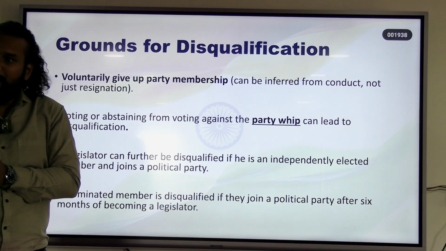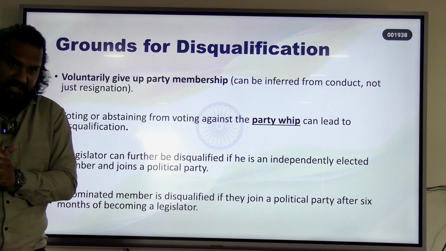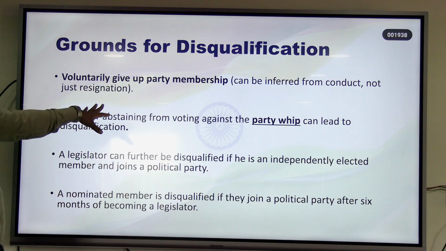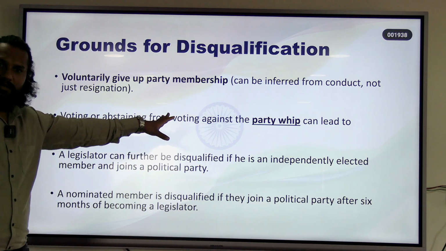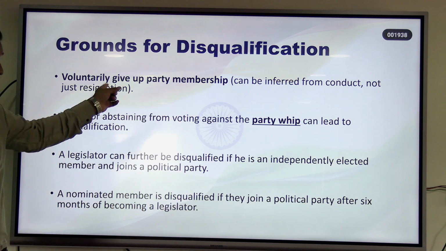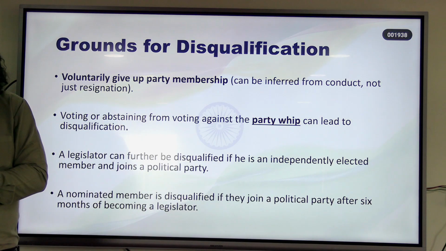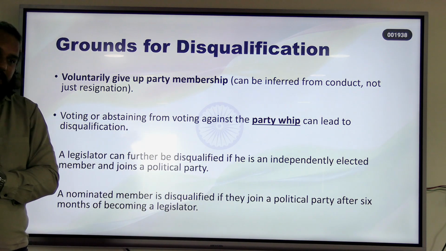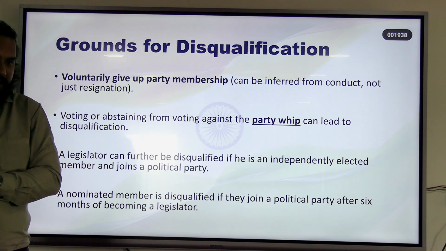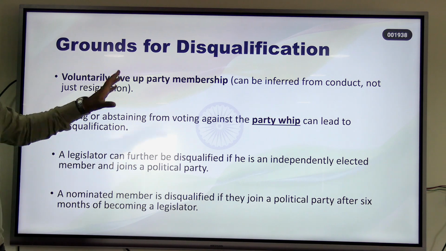So the second ground is that if the legislator abstains from voting, or votes against the political whip or against the instruction given by their party, then that legislator is also disqualified under anti-defection.